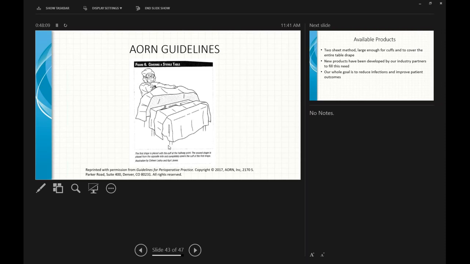And as you can see, a majority of that sheet is draping over the table, so gravity may pull that down. It may slip if the table is bumped or if the table is moved. And when it's removed, the first cuff is grasped just in the manner that it was put on the table, but in the reverse, lifted up and removed, and then the person needs to walk to the other side or a second person to remove that drape.